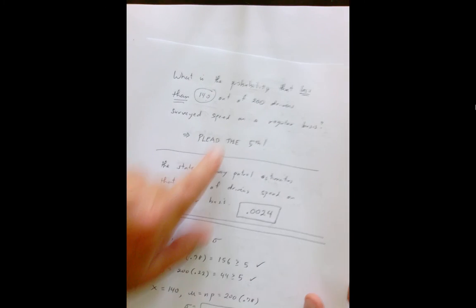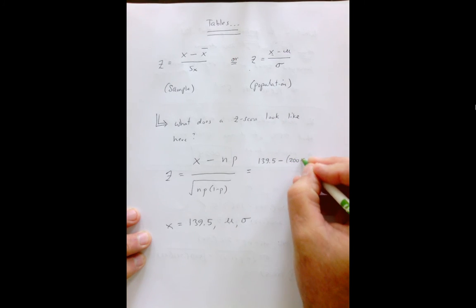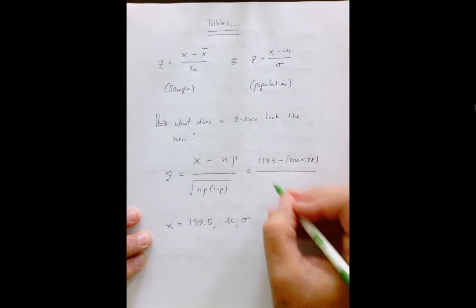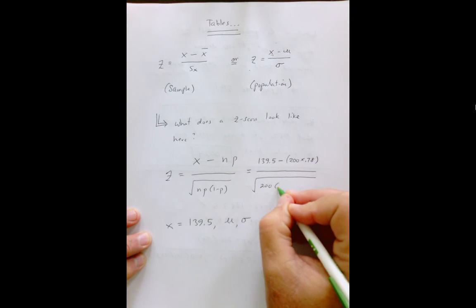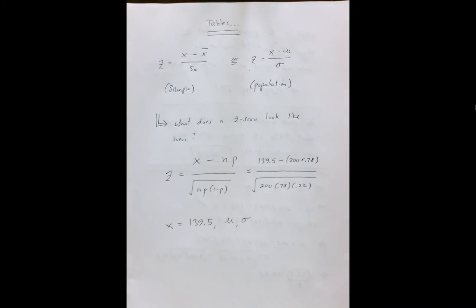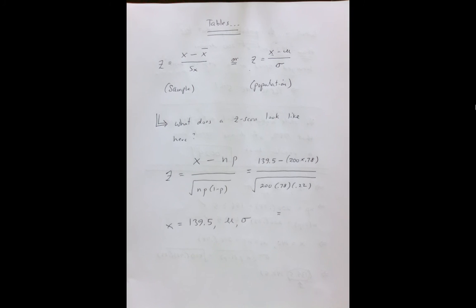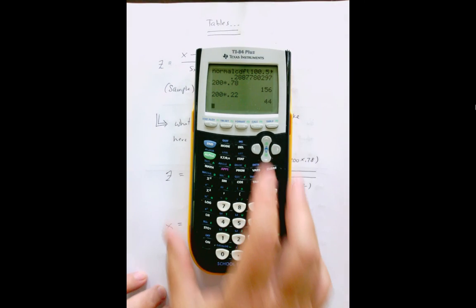So the mean was what? 200 times 0.78. Over the square root of n times p times 0.22. All right. Now these are situations where the z-score tables are a lot harder to work.